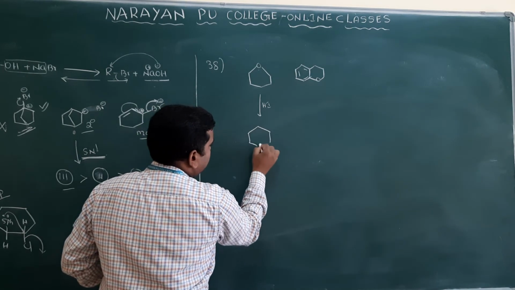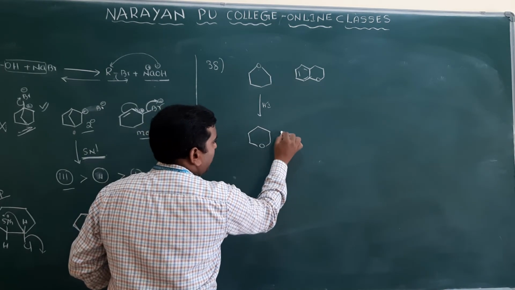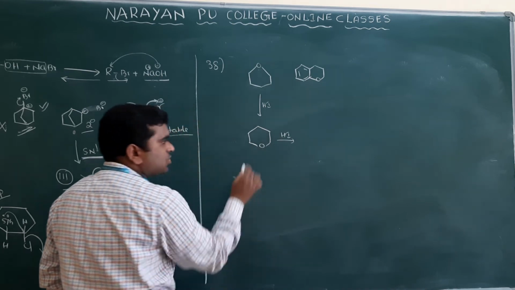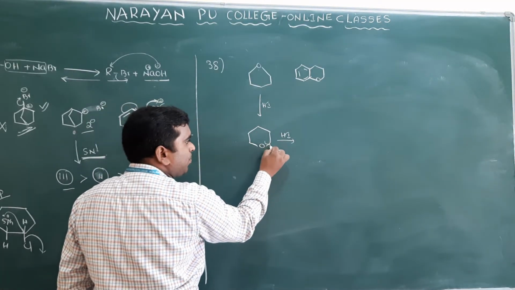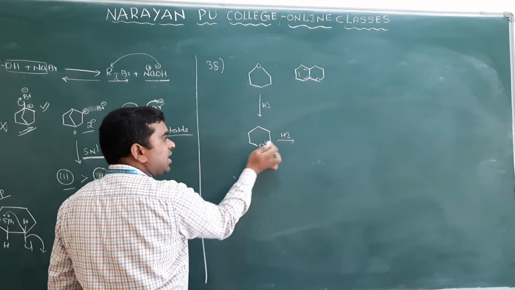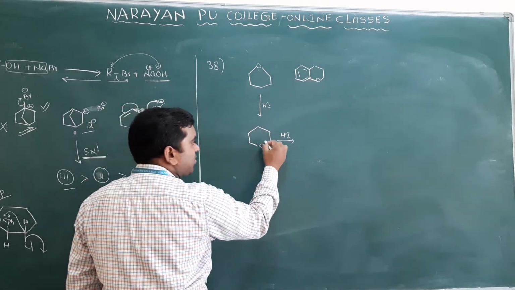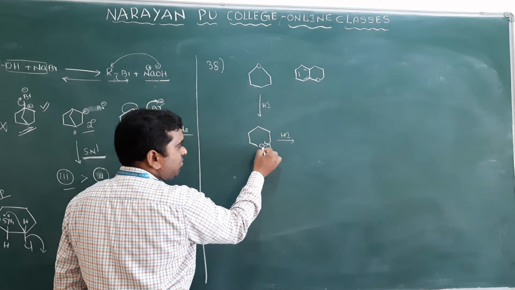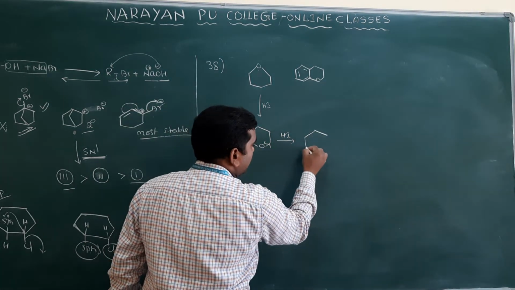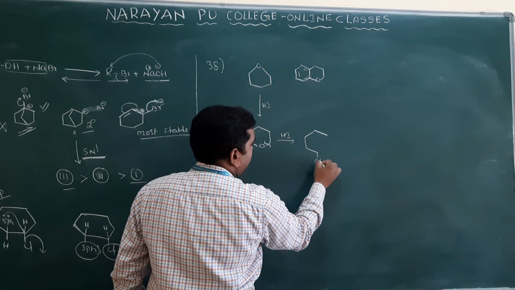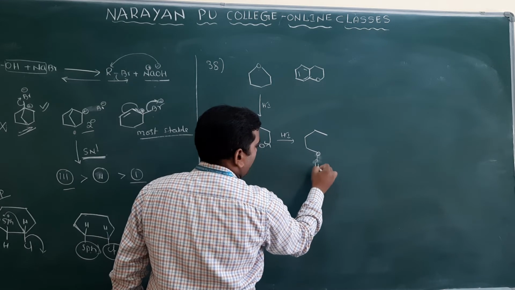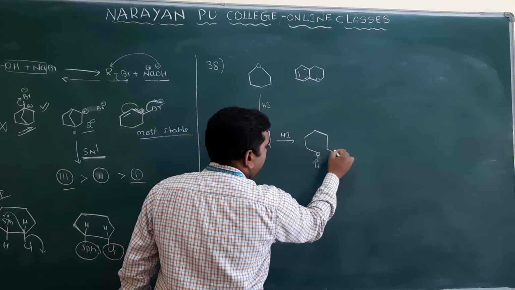This is treated with HI. HI means, first of all, what happens here? One bond breaks, because both the bonds are similar. Either this bond or this bond can be broken here. So when this bond breaks, hydrogen will be added to the oxygen. This is OH, and here there will be an iodine.